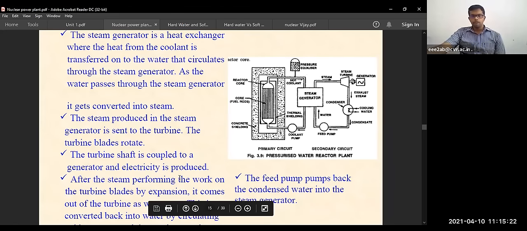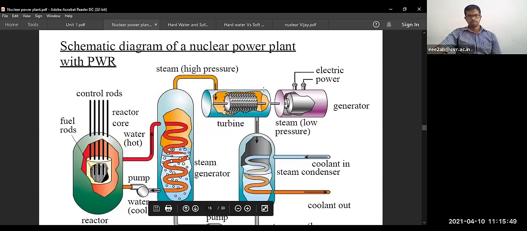After the steam performs work on the turbine blades by expansion, it comes out of the turbine, and again it is converted back to water and circulated by the feed water pump. The feed water pump pumps the condensed water back to the steam generator.